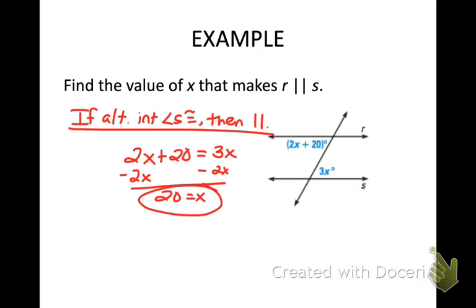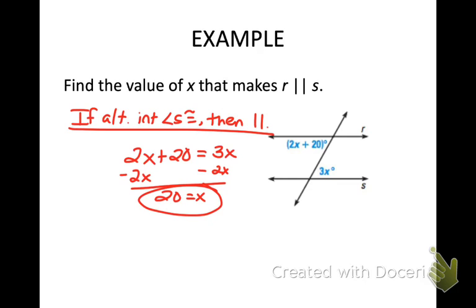Okay? All right, so are we good with these type of problems? No. So now really quickly listen to this, because some of you guys are going to screw this up. On the quiz, there's going to be 4 problems that look like this. 2 of them will have directions that say find the value of x that makes them parallel, which would then be this if-then statement, where your conclusion is that they're parallel lines. 2 of them will say find x given the lines that are parallel.